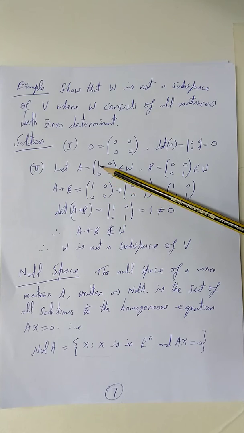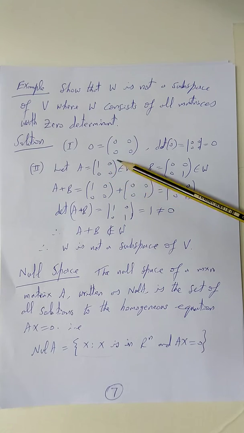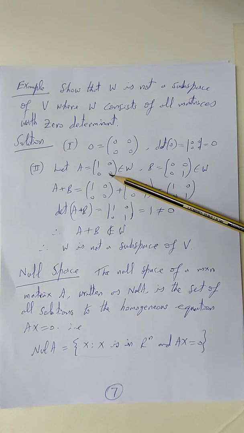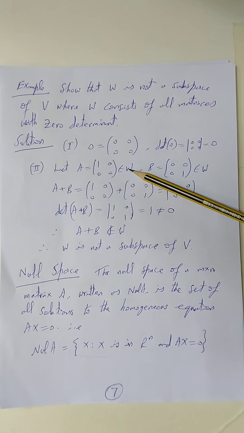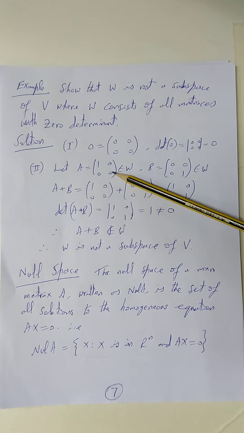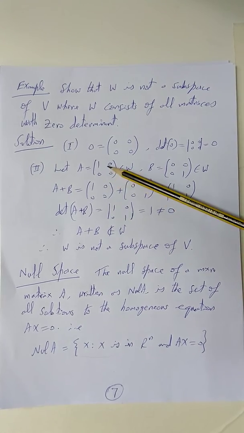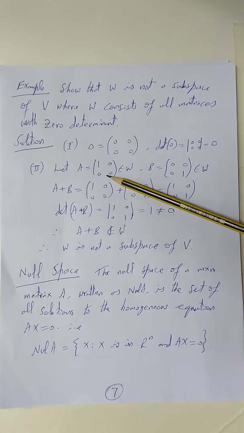Just like I could write 2 0 0 0, or some other. But whichever matrix you write, its determinant must be 0, because it should belong to W. So determinant of A is 1 multiply 0 minus 0 multiply 0, which is 0.